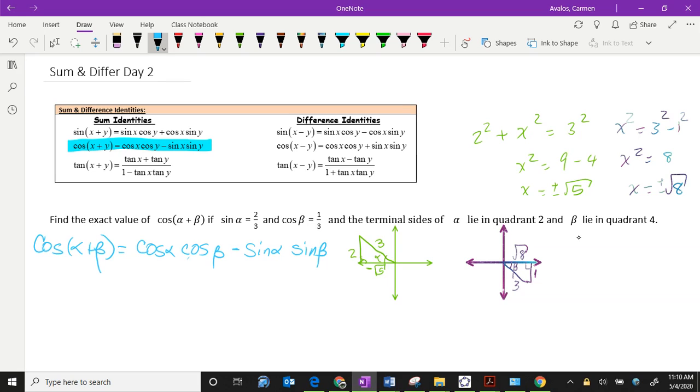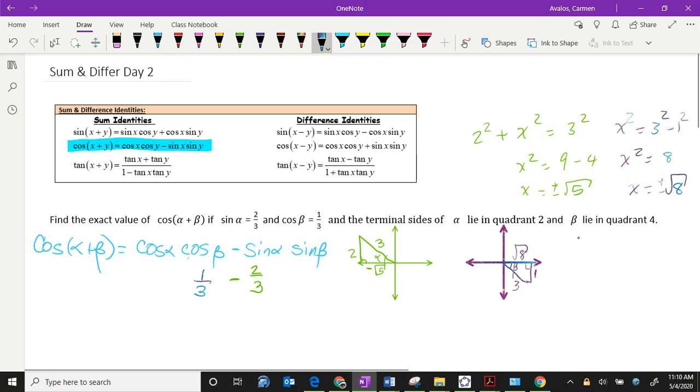You're already given the sine of alpha and the cosine of beta, so you could just fill that in. The sine of alpha is going to be minus 2/3, and the cosine of beta is going to be 1/3.